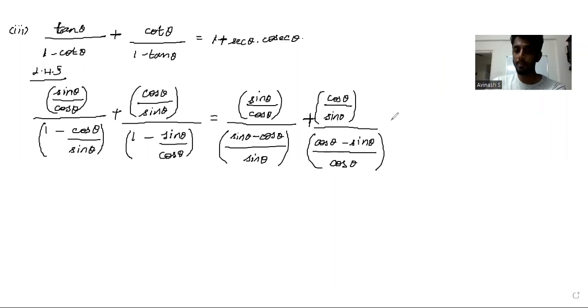Now, in the next step, what I'm going to do is take this term to the numerator and make it reciprocal like this. Both the terms to the numerator. Now, what would happen is this would become sine square theta divided by cos theta into sine theta minus cos theta.